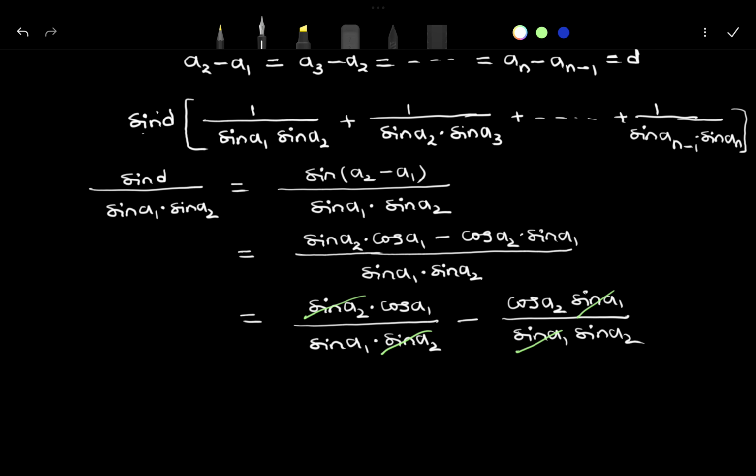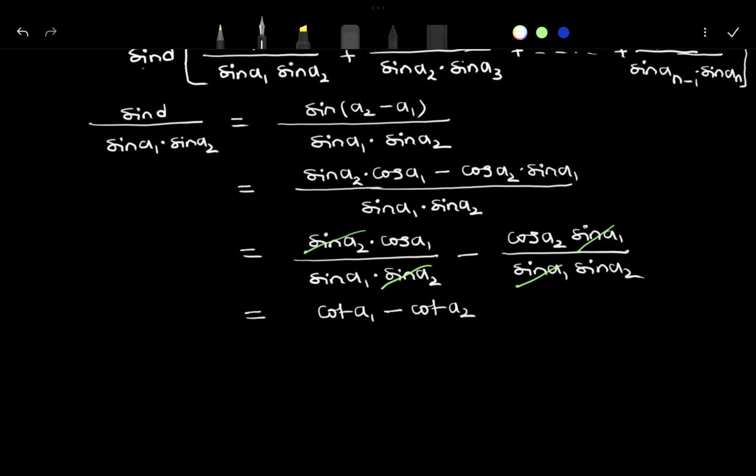The remaining values are cos a1 by sin a1, which is cot a1, minus cos a2 by sin a2, which is cot a2. So this is the first term value.